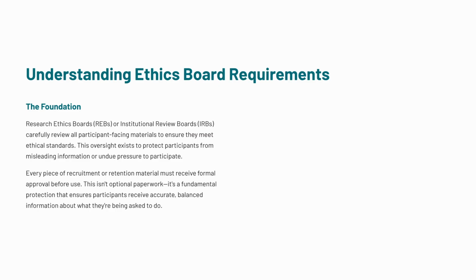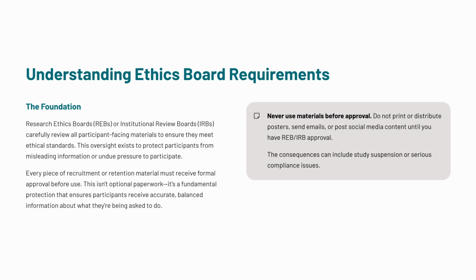That includes posters, flyers, emails, texts, scripts, website copy, social ads, newsletters, everything. Practically, that means you wait for formal ethics approval before anything goes out. No printing, no distributing, no emails, and no social posts until you have the green light.